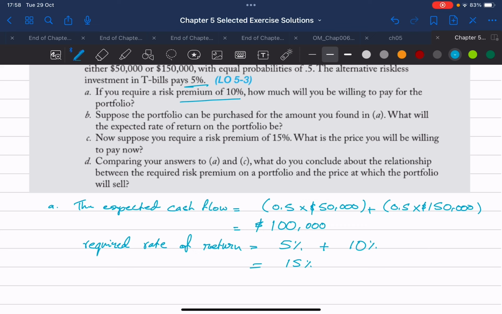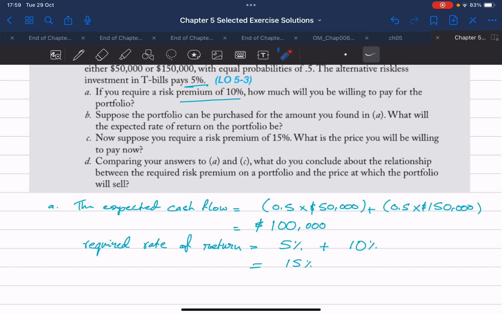Now, what is the question actually asking for? I read the part A. How much will you be willing, right here, to pay for the portfolio? Okay, so meaning that if you require a return of 15%, what is the maximum amount of money that you would be willing to pay to generate this $100,000 by the end of the year?